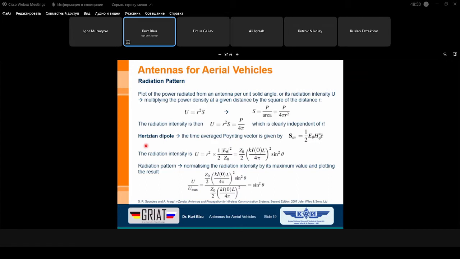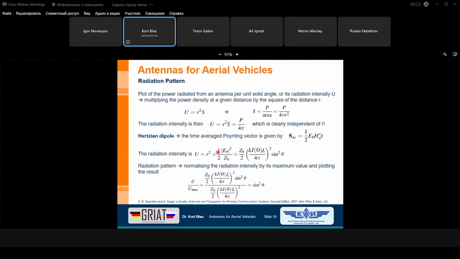Now the radiation intensity can be expressed by this. We have the same expression, 4πr squared multiplied by, look here, what we have substituted. Both are vectors, and E theta multiplied by H conjugate complex is a real value at least. This is shown here. We have substituted H by E theta divided by the wave impedance, so we have a very simple expression.